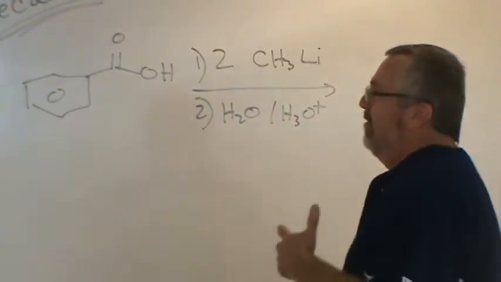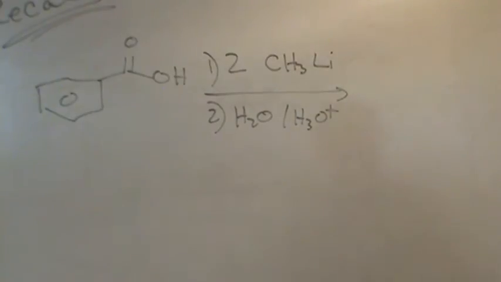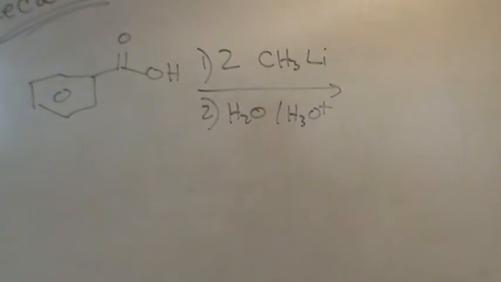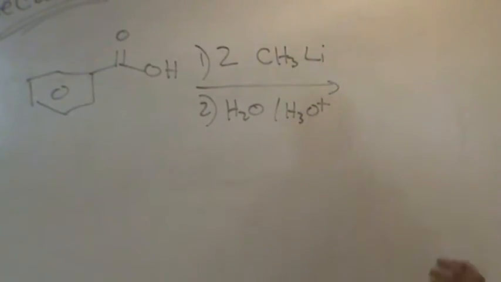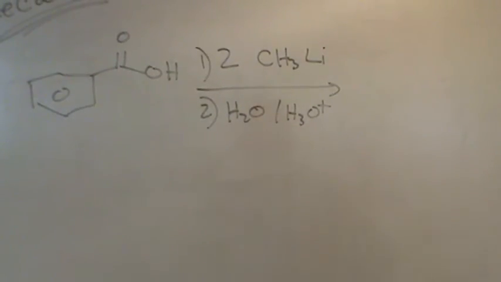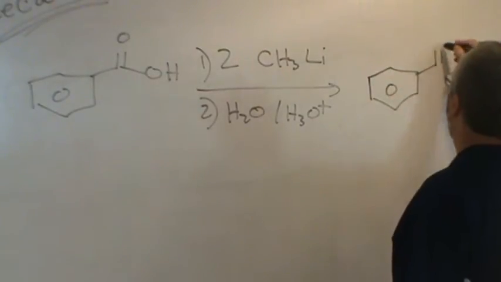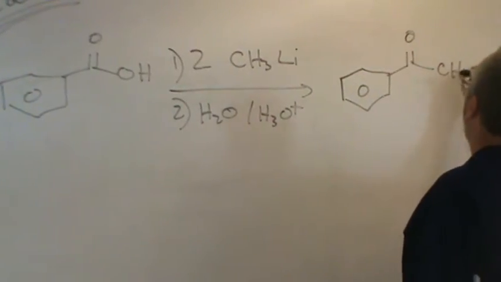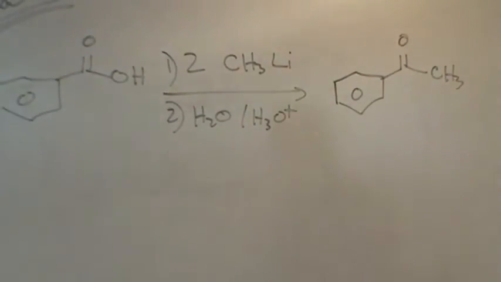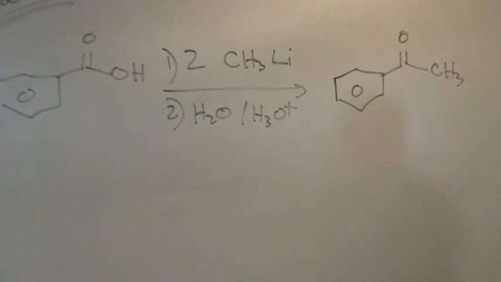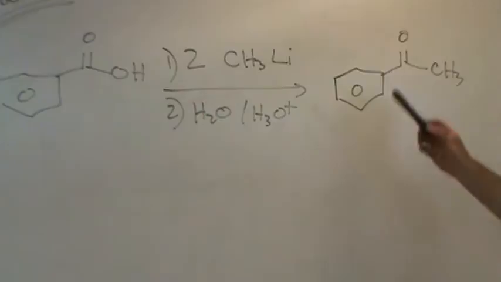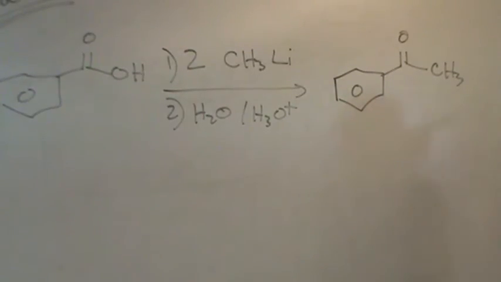This was that fascinating reaction which actually produces a dianion which is stuck. It can't go anywhere until you quench it. You quench it and you produce a geminal diol, which just immediately re-equilibrates to the corresponding ketone. So this was a really clever way to convert a carboxylic acid into a ketone using an organolithium. So we covered that in the carboxylic acid chapter.